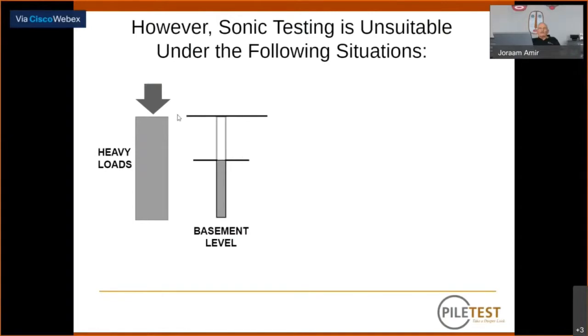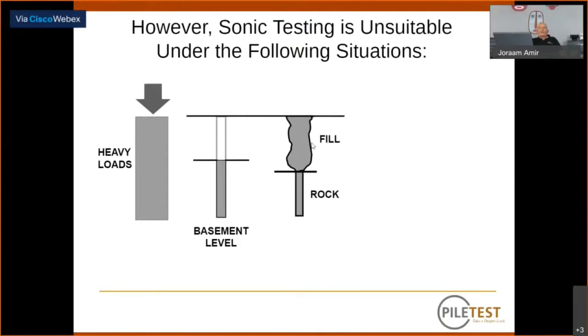So what you do, you start drilling the piles from the street level here, and you cast them only to the basement level. And then you can start drilling, and you don't have to operate your large drilling rigs inside the crowded basement. Of course, this kind of pile cannot be tested with the PET.